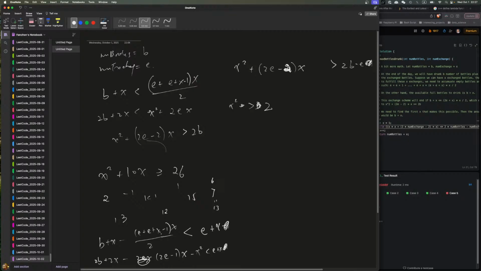So 1 exchange, we just add this 2 exchange. Okay, we have that many exchange once it's done, right? And then if its value is smaller than the next exchange required, this is the next exchange required. So this actually is 2x, and this actually has to be 2.